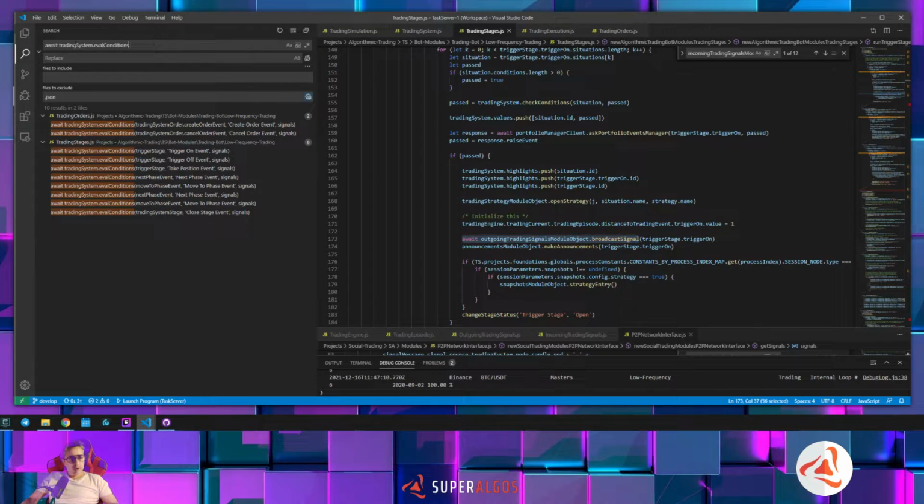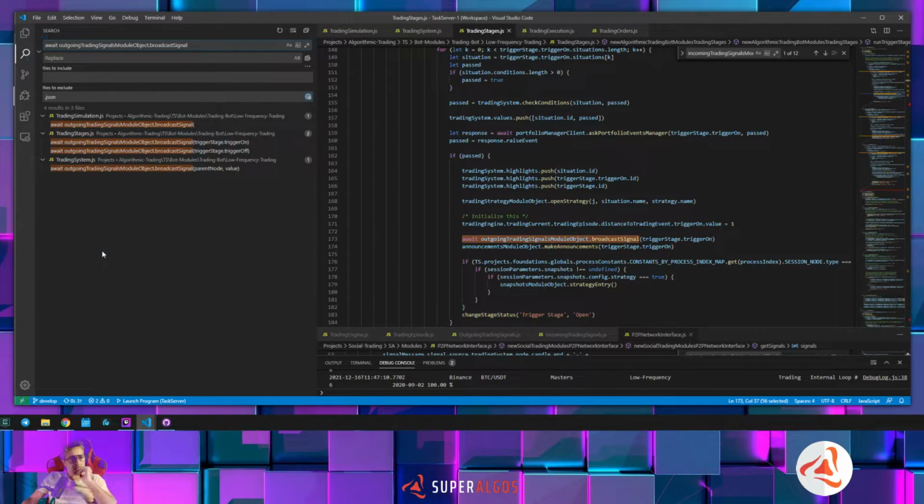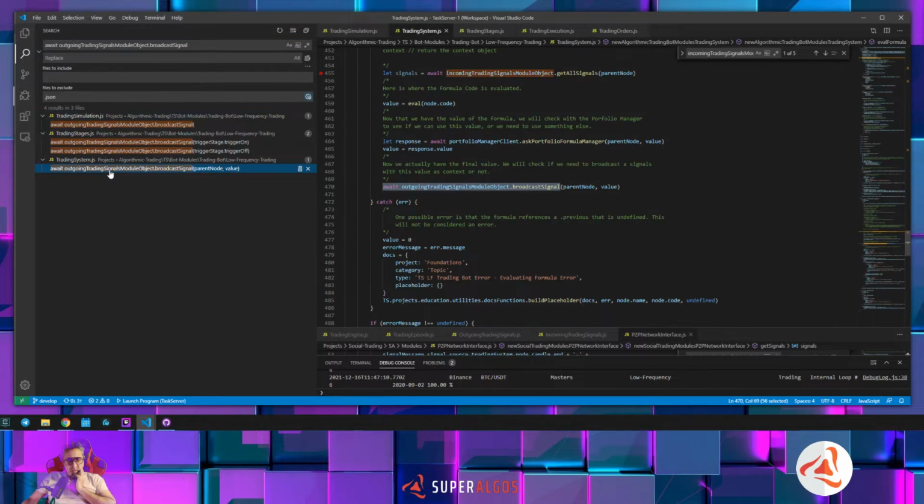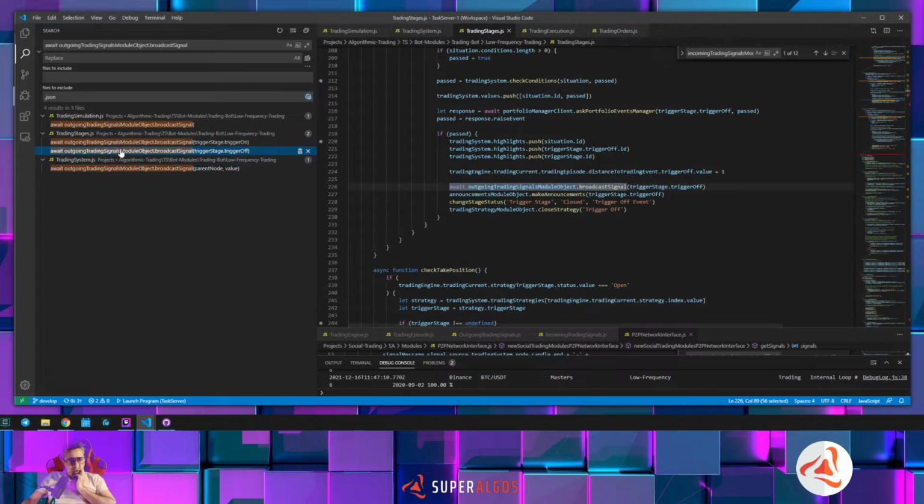Let me check where we are broadcasting signals. We are broadcasting at the simulation, the signal to synchronize the simulation. We are broadcasting at the trigger on and trigger off. And we are broadcasting at the trading system when we calculate the formula. Okay, here. But not even at the take position we are broadcasting that.